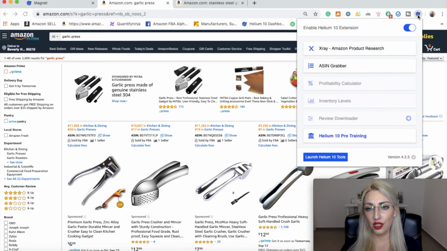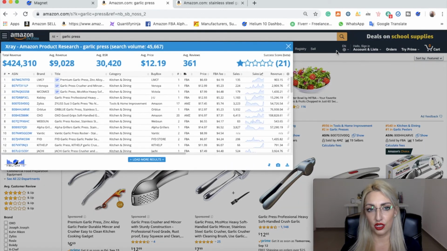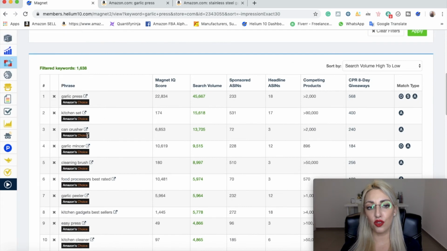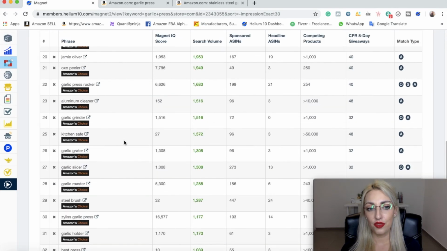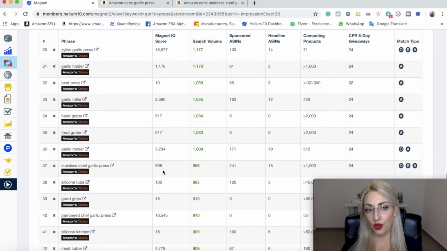So I've gone ahead and opened garlic press up. And if we do a Helium 10 search on it, you'll see that garlic press has 361 average reviews on the first page, and the average BSR is 30,000. So most people on the first page are making money. Then if you were to use the keyword, for example, stainless steel garlic press, that has fewer searches a month.